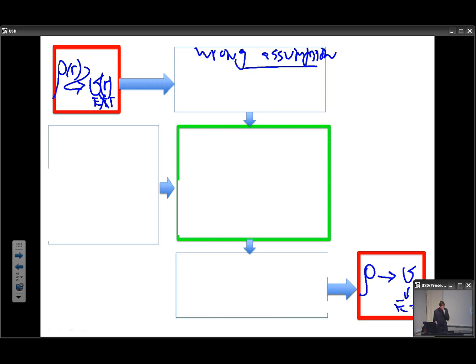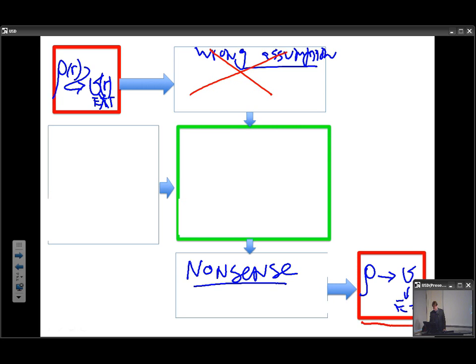Does it make sense? So we will arrive to some nonsense, and due to nonsense we will agree that original assumption that is not corresponding to this theorem is not correct, and then we will start believing that density determines external potential energy.